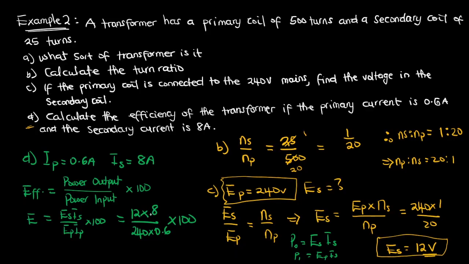So 12 multiplied by 8 will give us 96, and 240 multiplied by 0.6 will give us 144. Then all of this multiplied by 100 will give us a percentage of 66.67%, right? So it means that the efficiency of the transformer is this. But if you were asked to convert it to the nearest whole number, then this becomes 67% efficiency for the machine.